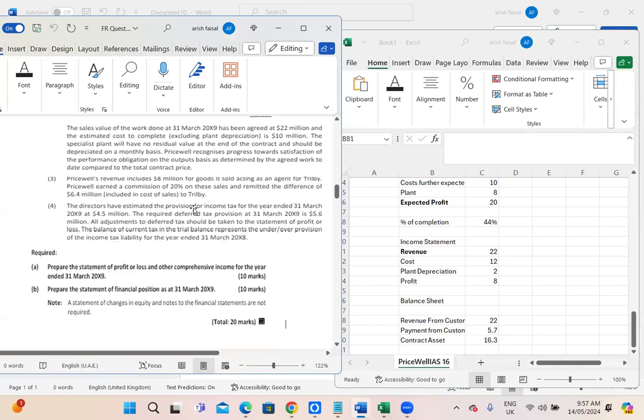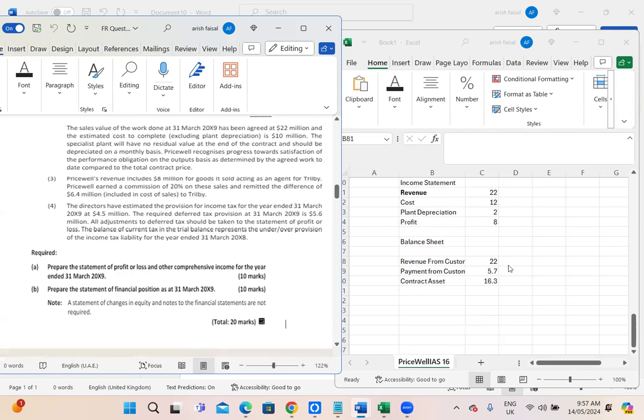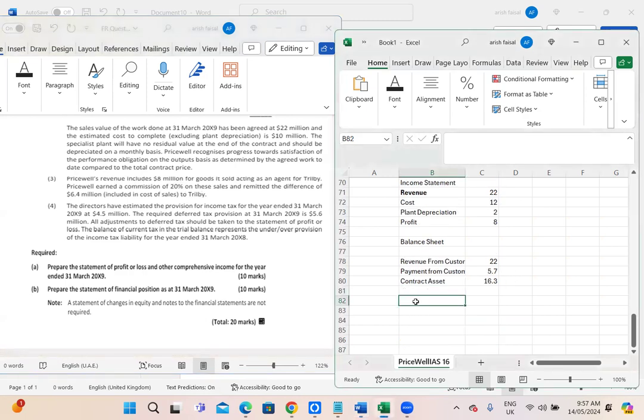So in this case, Price's revenue includes 8 million for goods. So basically your share was 8 million into 20%. So 1.6. Okay. So that's your agent fees or commission, whatever.